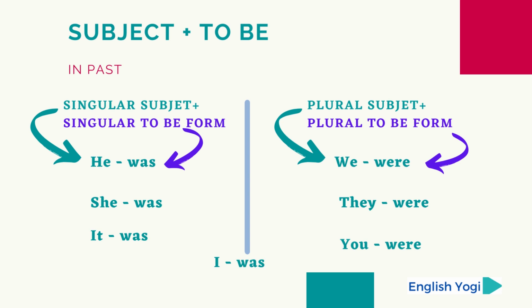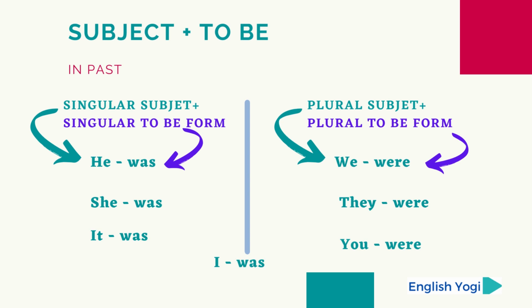So he is a singular subject and was is a singular to be form in the past. Similarly, she is a singular subject and we have used here was, and was is a singular to be form. Similarly, it is also a singular subject, and with that singular subject we have to use the singular to be form, and that singular to be form here in the sentence is was.